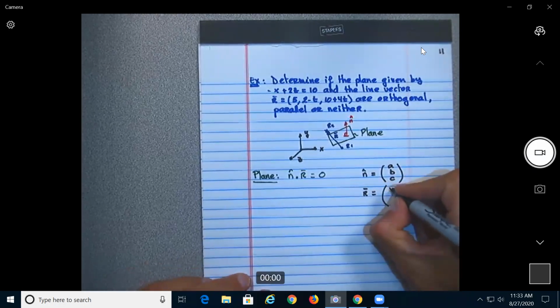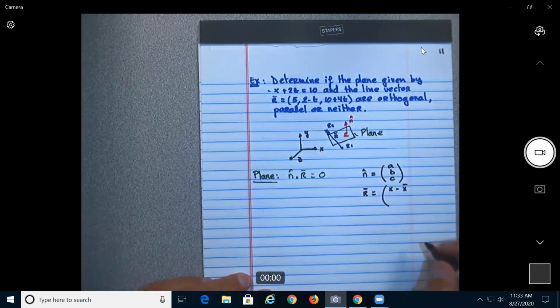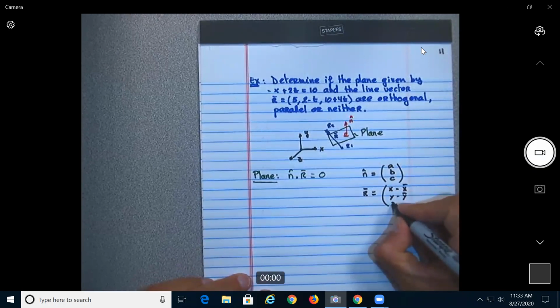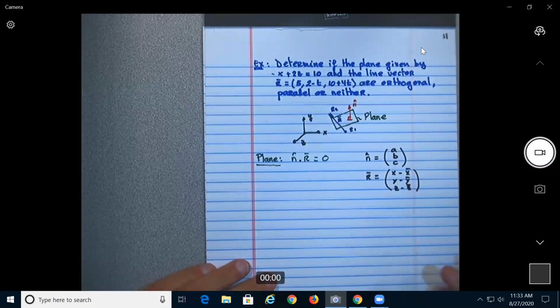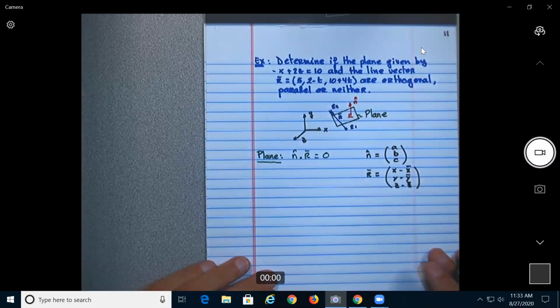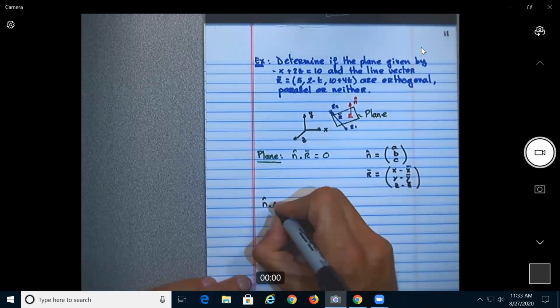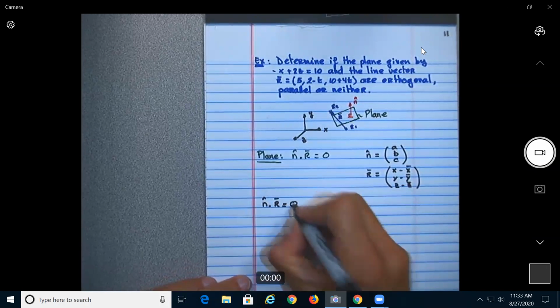Let's say it will be between 2 points, one of coordinate x, the other one of coordinate x bar. So it will be (x - x bar, y - y bar, z - z bar). All right? So the equation of the plane is n dot r equal to 0.